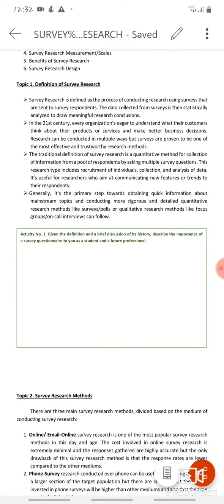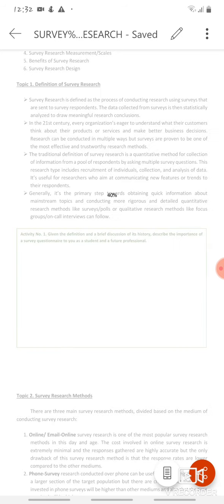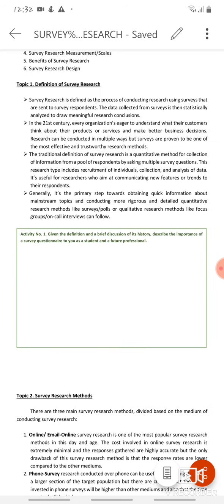According to our module, survey research is defined as the process of conducting research using surveys that are sent to survey respondents. When we say sent to survey respondents, it's not only through the internet or email. It is actually the personal way of giving or facilitating the survey questionnaire, which should be in person.